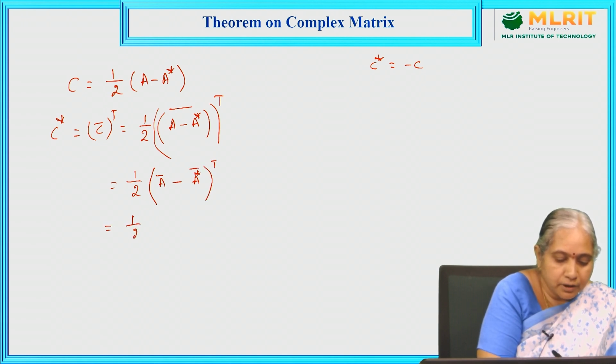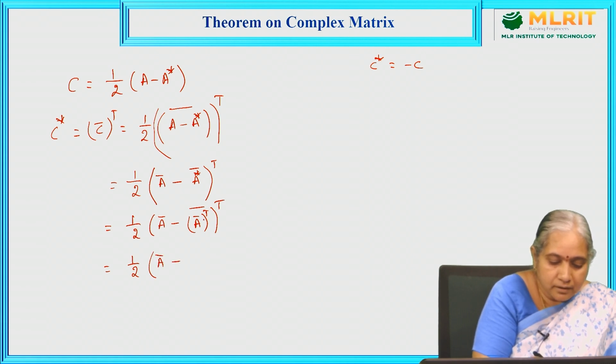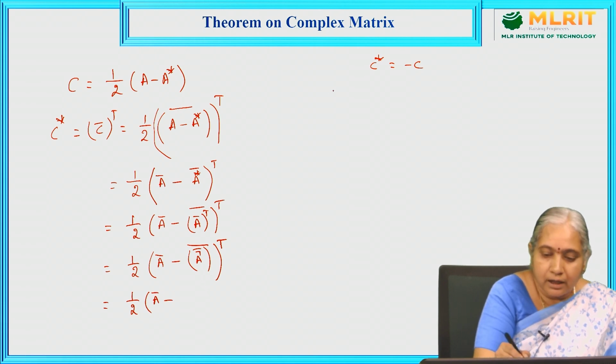So this is 1/2 into A bar minus A star, which means A conjugate transpose whole bar, whole transpose. 1/2 into A bar minus A transpose whole bar, whole transpose. 1/2 into A bar minus A bar whole bar is A only.